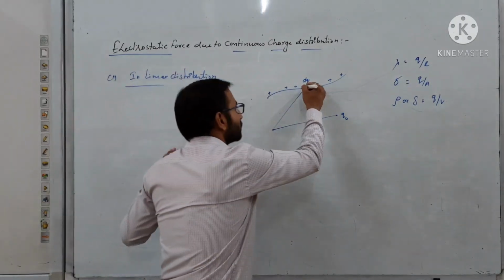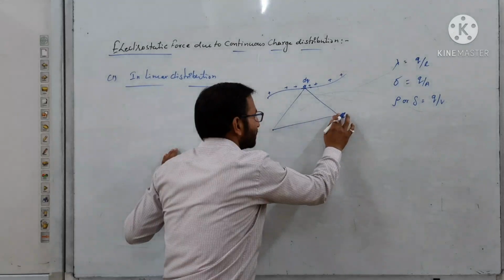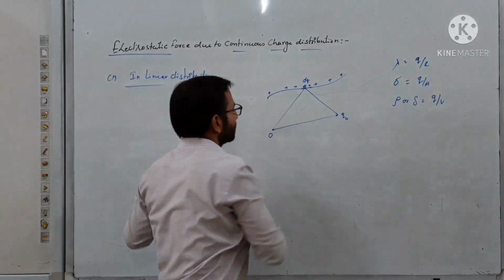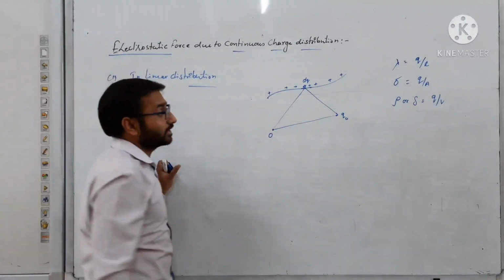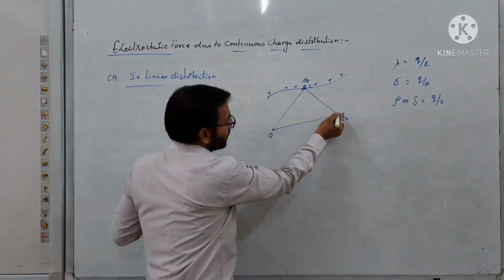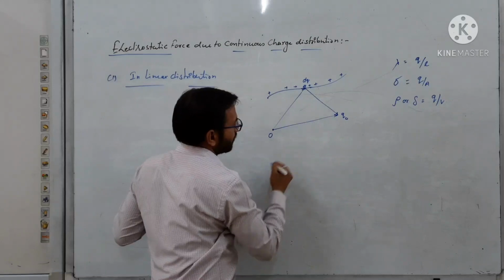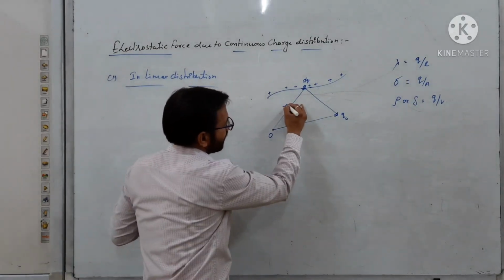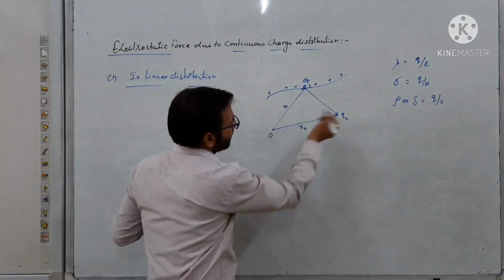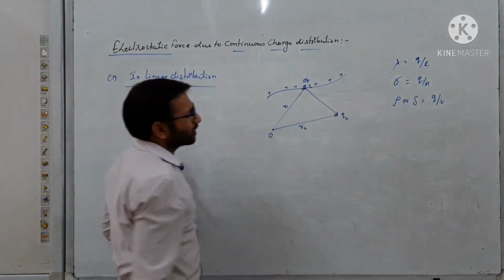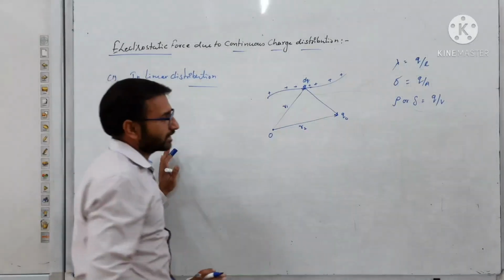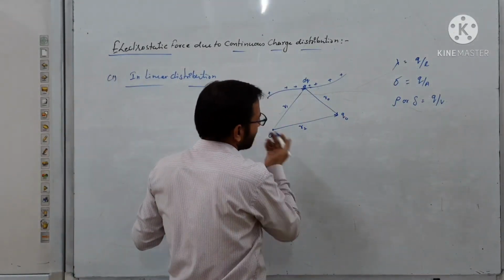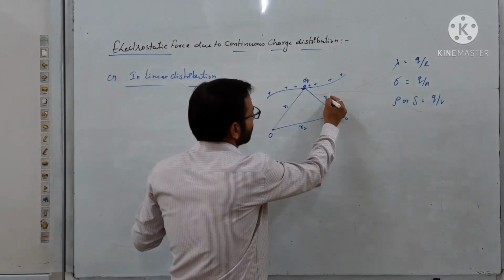Now the force of interaction between them: if this is the origin point, and these are different positions, suppose this is our r1 vector and this is our r2 vector, and here the magnitude of distance, I am not taking the vector form, if I am taking it, it is supposed to be r12, r12 or 21.